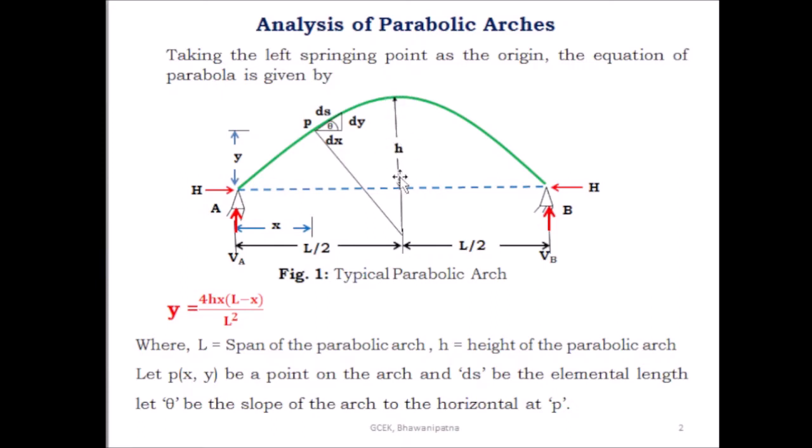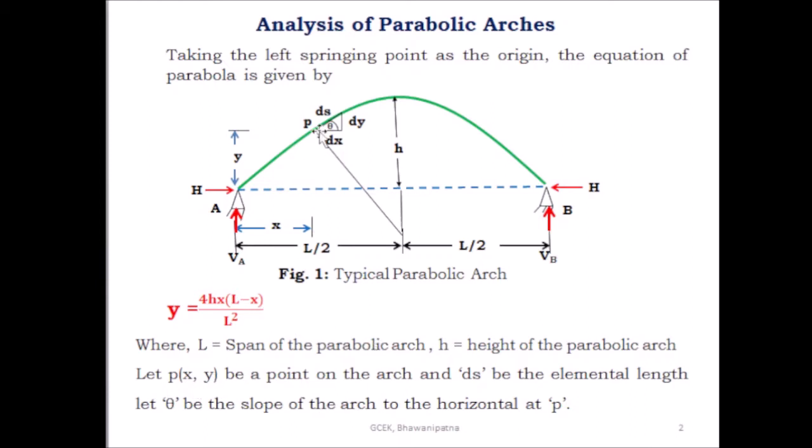So the equation of the parabola can be determined using this relation: y is equal to 4hx(L minus x) by L square.